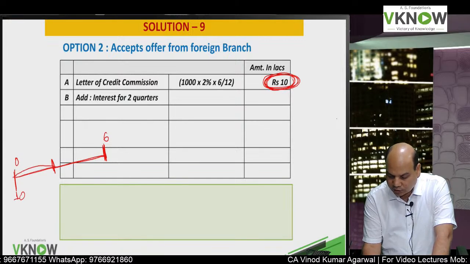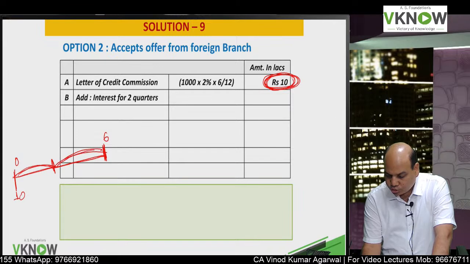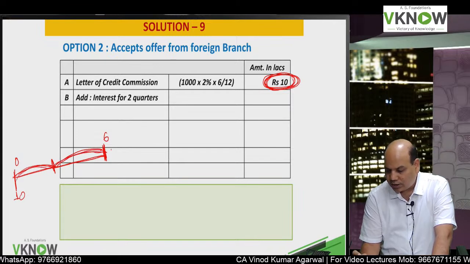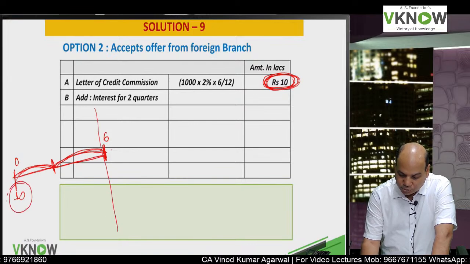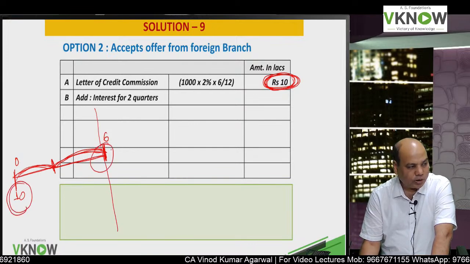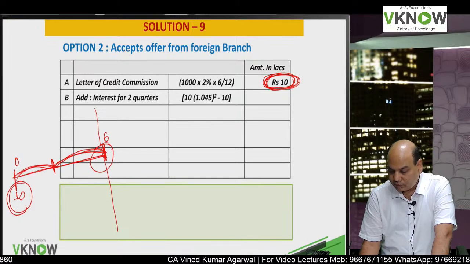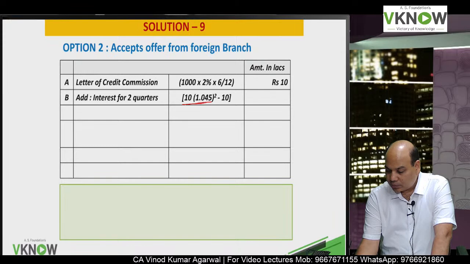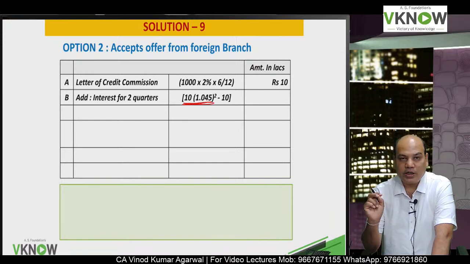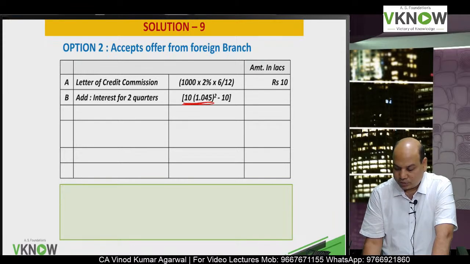So we'll have to calculate the opportunity cost for 2 quarters on this 10 lakh. Otherwise we will not be able to compare a cash flow today with a cash flow at the end of 6 months. So in India, the opportunity cost of fund is 18% per annum quarterly compounding.